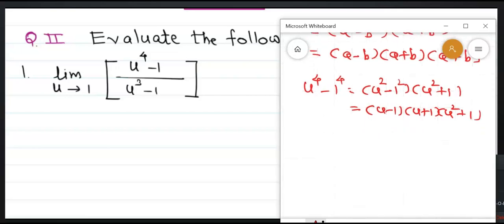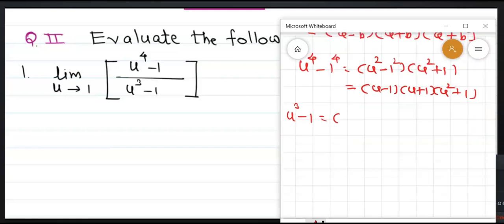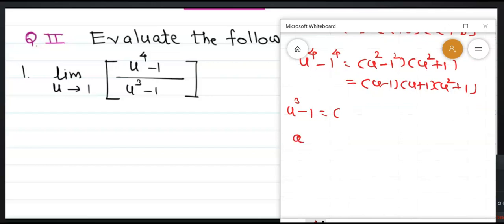What about the denominator? In the denominator you have u cube minus 1, and therefore the factors are a cube minus b cube, which we factorize like this: in the first bracket you will get a minus b, in the second bracket you will get a square plus ab plus b square.